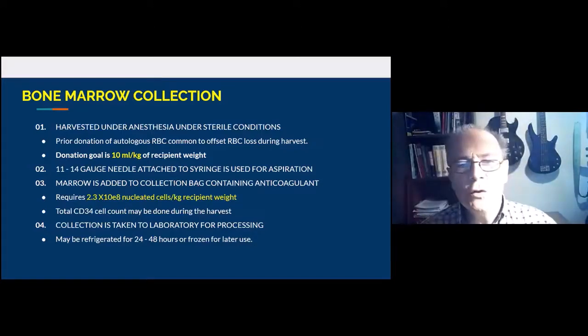Marrow is added to the collection bag containing anticoagulant and requires 2 to 3 times 10 to the 8 nucleated cells per kilogram of recipient weight. CD34 positive cell counts may be done during the harvest, and the collection is taken to the laboratory for processing and may be refrigerated for 24 to 48 hours or frozen for later use.